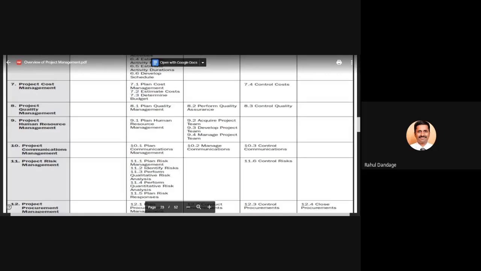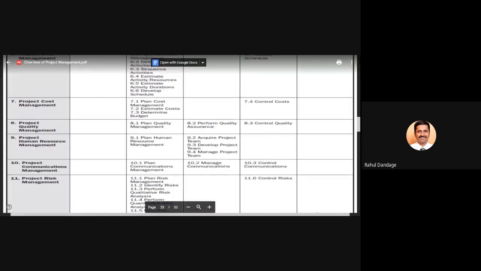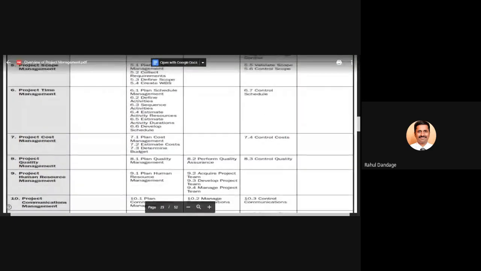If you are an operations student, then you may be more involved in the execution part, that is, time management, planning the schedule, defining the activities, sequencing the activities, resources, activity duration, developing the schedule, direct and manage project work, performing quality assurance, managing the communication, conducting the procurements, etc.